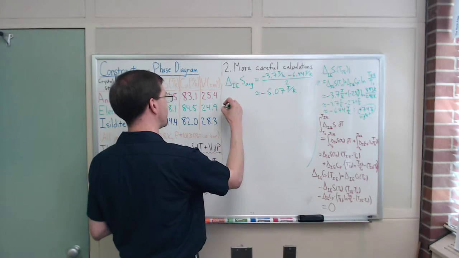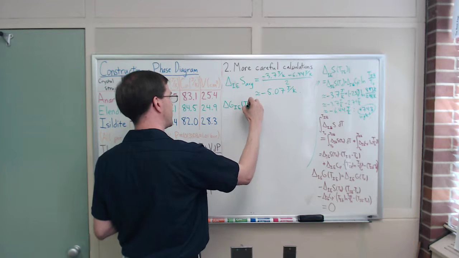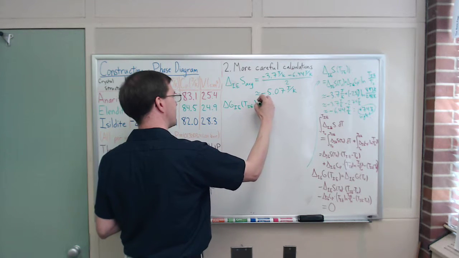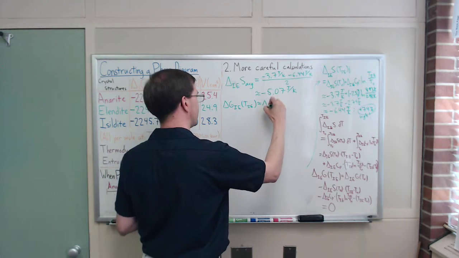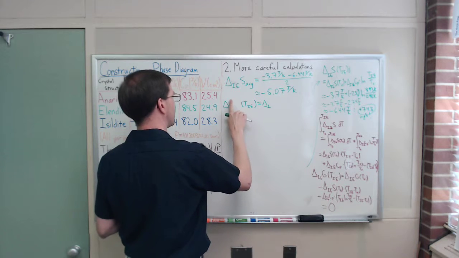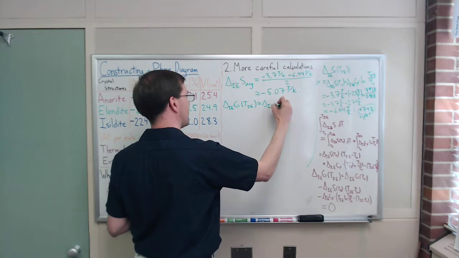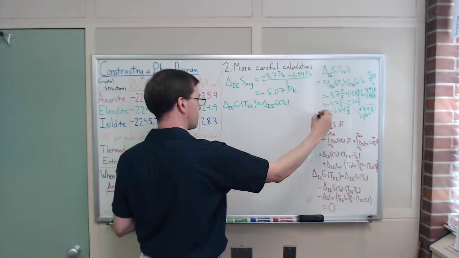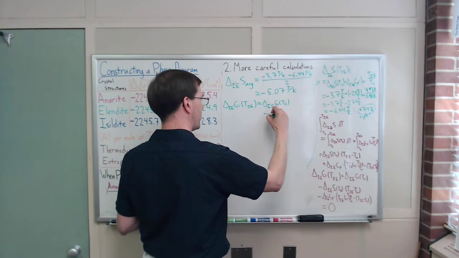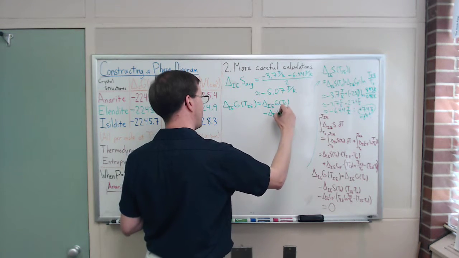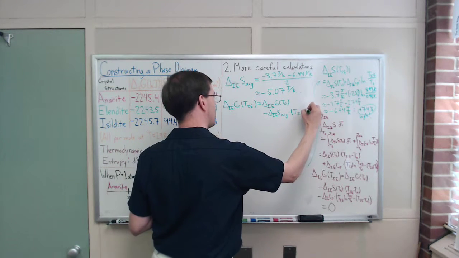What if I say that delta G of T is approximately equal to what I had, delta G of T naught, like I had down here, minus my delta S average times T minus T naught.